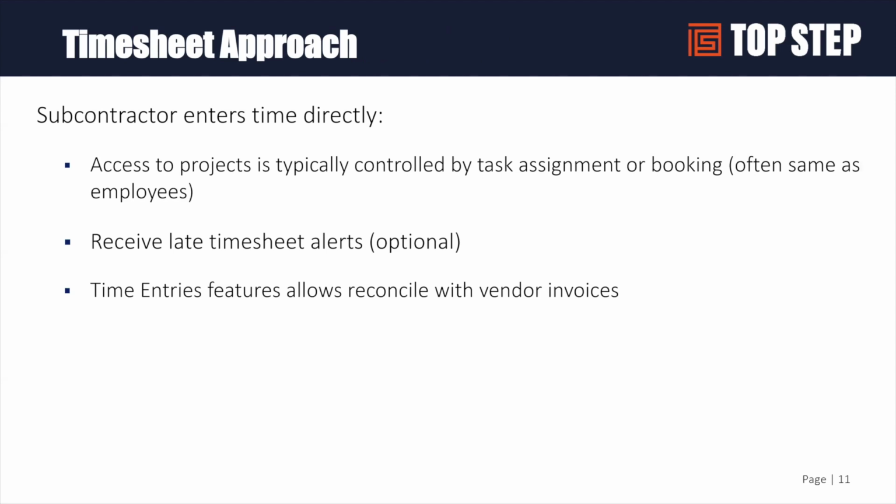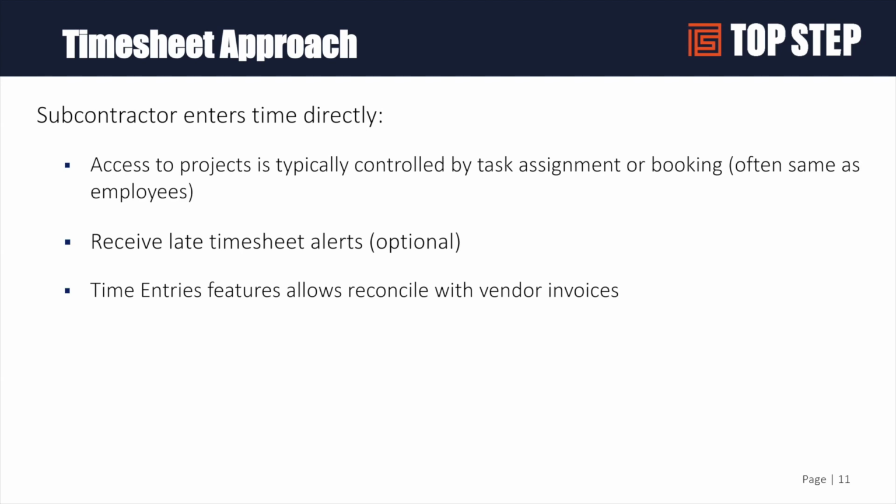So when they're entering time directly, generally it's controlled by a task assignment or a booking, similar to how you would for employees. If you have late timesheet alerts, which probably most users do, you want to make sure you can control who those go to, because contractors may not enter time every week.